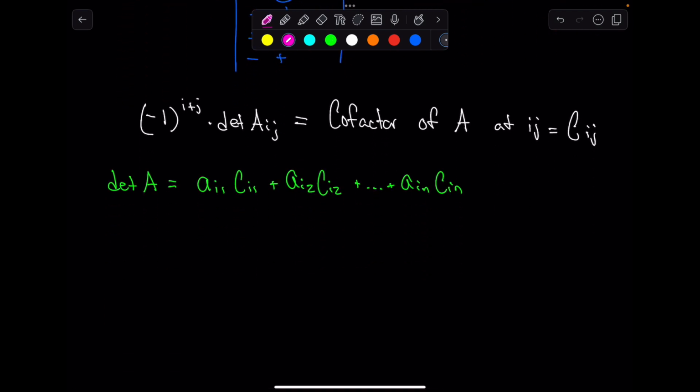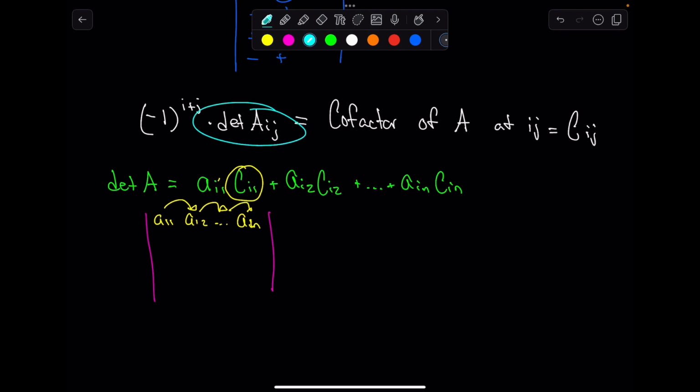So you have a matrix with your A sub 1 1, your A sub 1 2, dot dot dot, A sub 1 n, and if you pick the ith row to expand upon, you go across and add all of those up. The cofactor business is basically the determinant of everything that's left over, but it also comes with whether it's plus or minus.